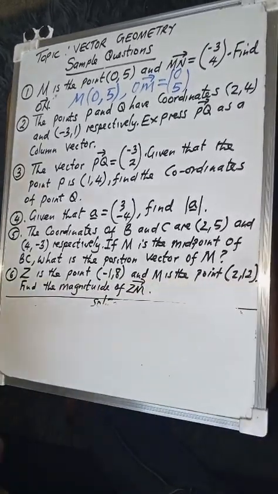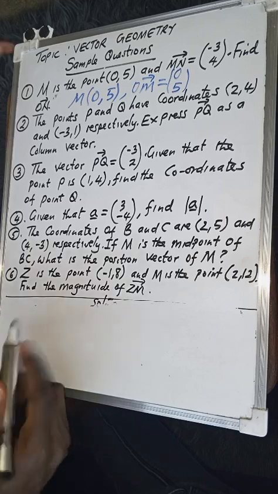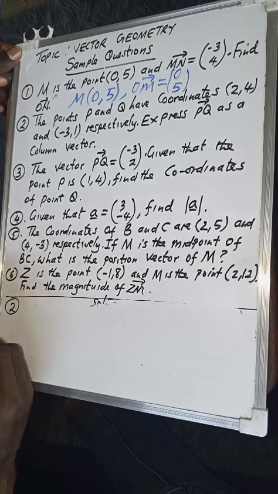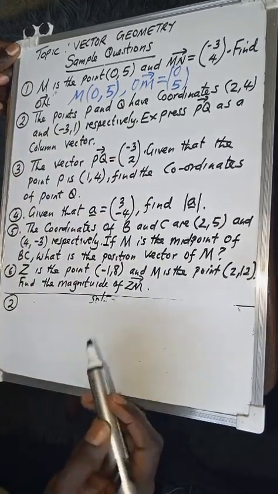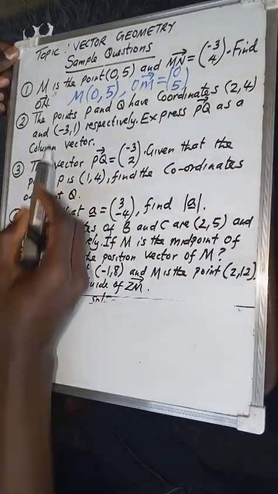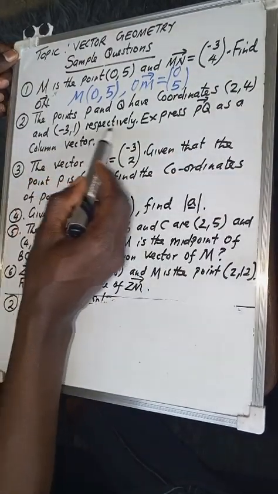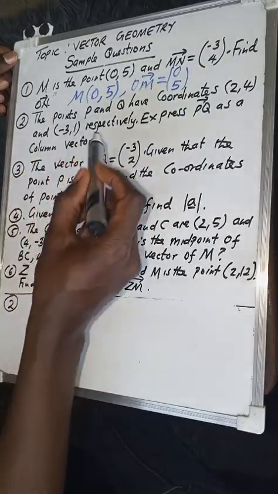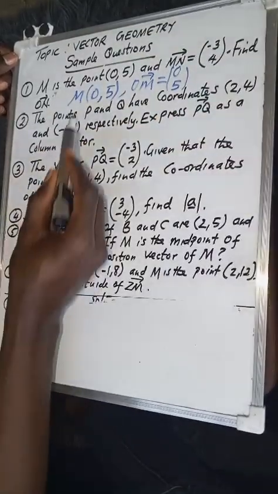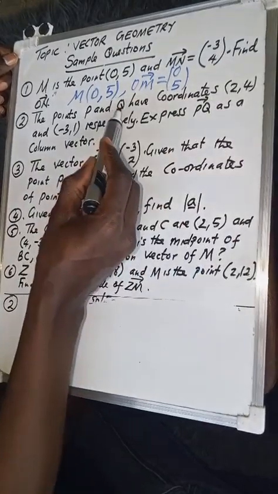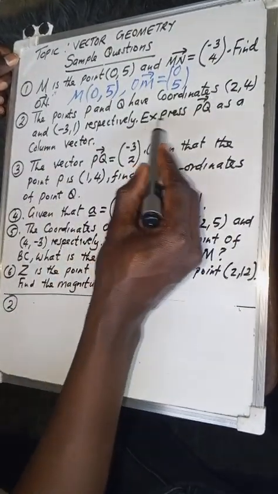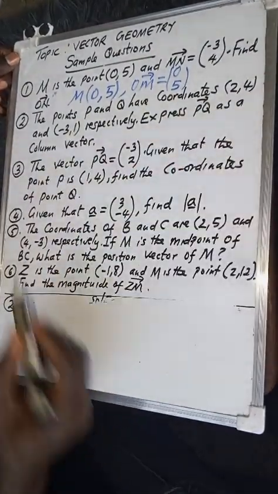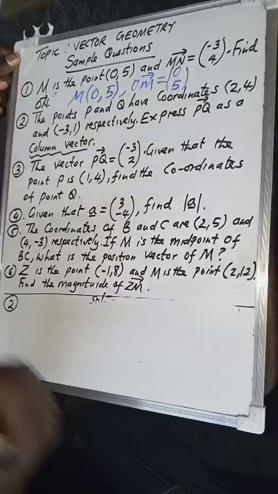According to question number 2, it says the points P and Q have coordinates 2,4 and negative 3,1 respectively. When they use the word respectively, it simply means the order they are following each other. So P is that coordinate, Q is that coordinate. Then they tell you to express PQ as a column vector.